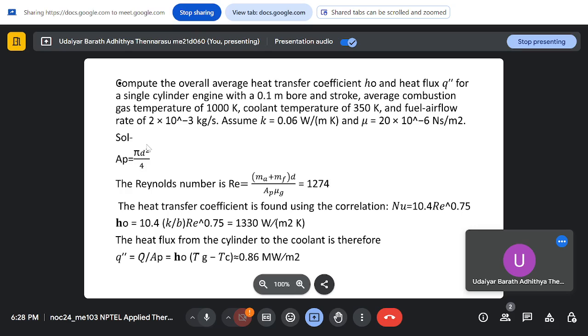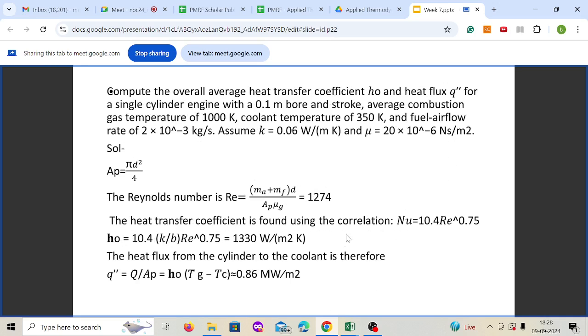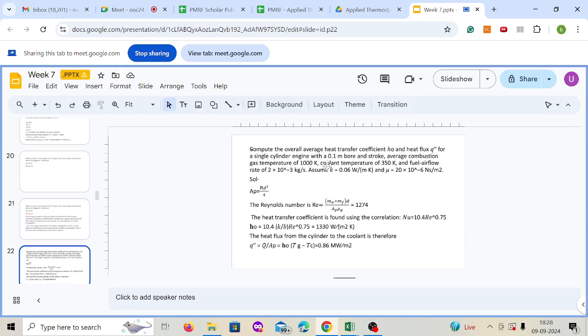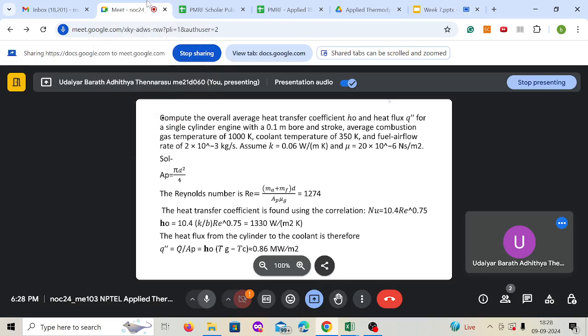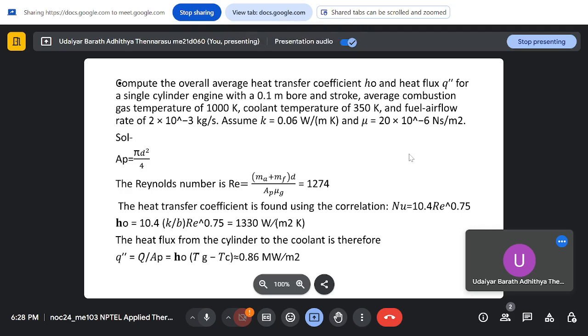So moving on to the next question: compute the overall average heat transfer coefficient h0 and heat flux q double dash for a single cylinder engine with a 0.1 meter bore and stroke, average combustion gas temperature of 1000 Kelvin, coolant temperature of 350 Kelvin, and fuel air flow rate of 2 into 10 power minus 3 kg per second.